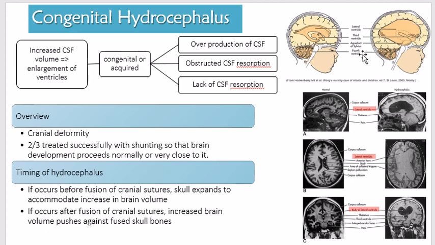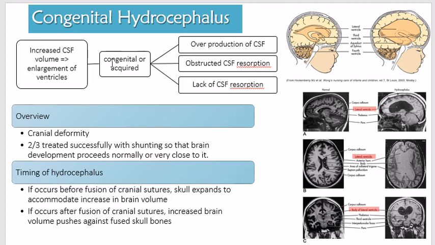And what this can lead to, especially if it's untreated, is a cranial deformity. But it can be treated in many cases with shunting. So they put a shunt in that allows proper draining of this cerebral spinal fluid back into the venous system. Just back up at the top here to speak about the congenital causes.